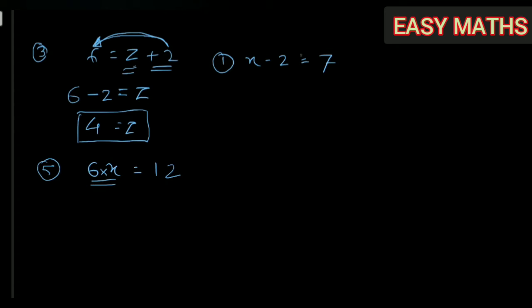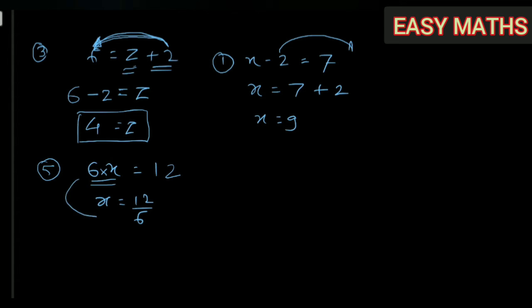The first question was x minus 2 equal to 7. So what we did here, we took this 2 to the other side and this subtraction, that is minus 2, became plus 2. That is, subtraction became addition. In the third question, addition became subtraction. So now multiplication becomes division. 6 gets divided, and now we get the answer as x equal to 2.